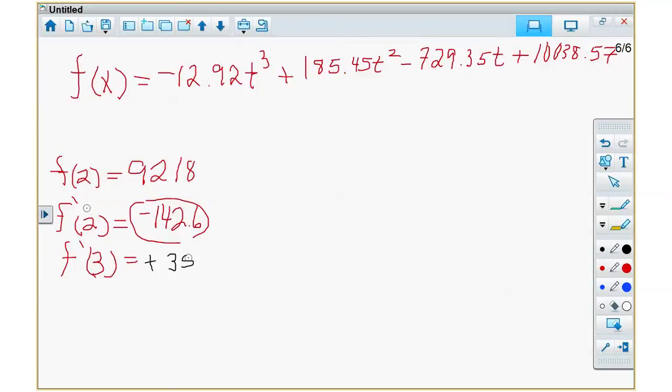And at the end of 2 years, I'm going to be losing employees. So let's find our highest and lowest point. And we're only worried about from 0 to infinity, right?